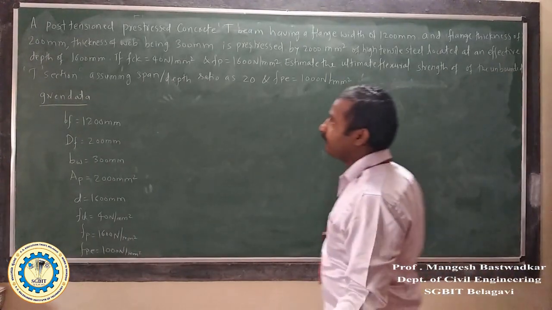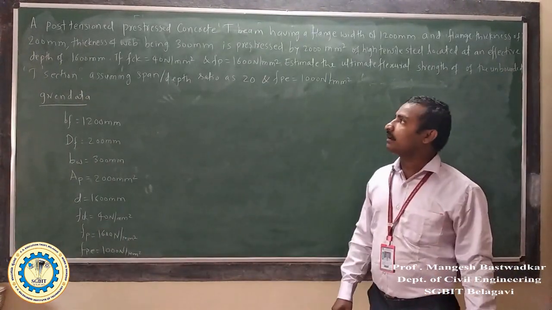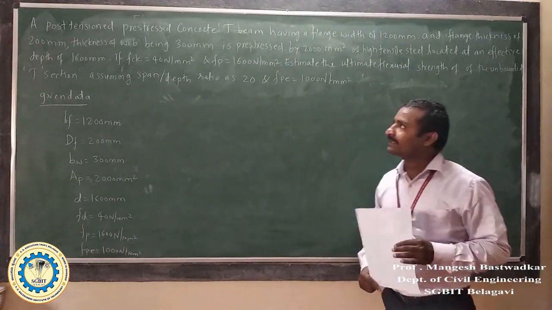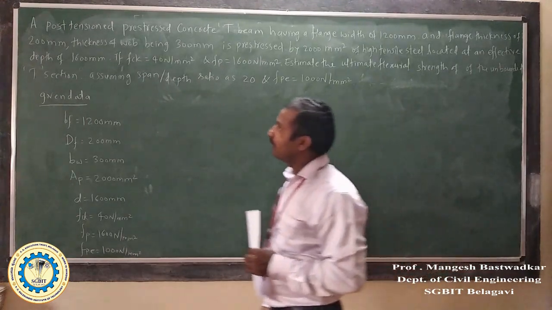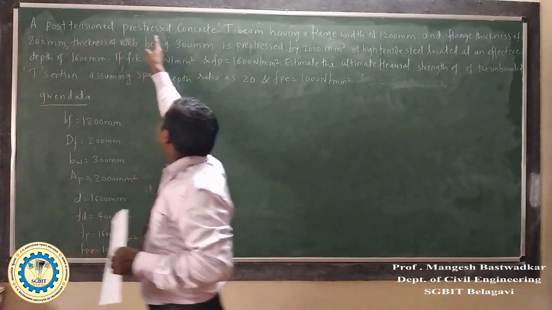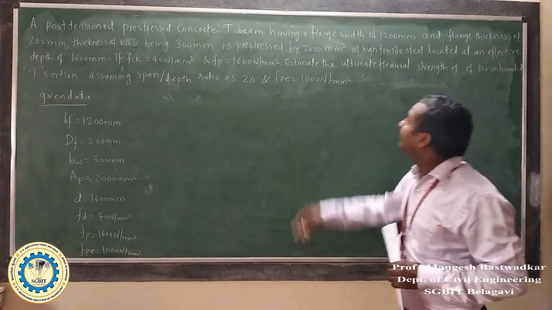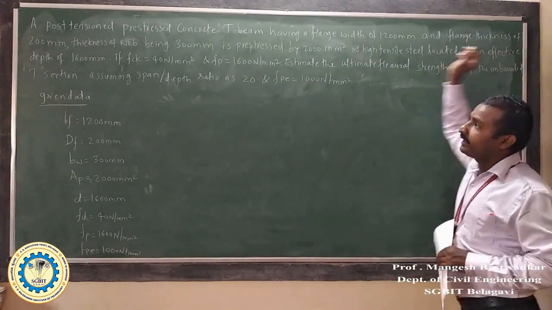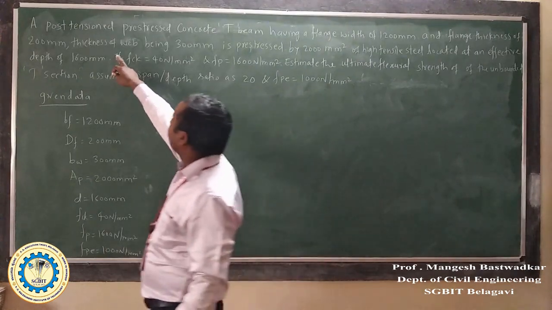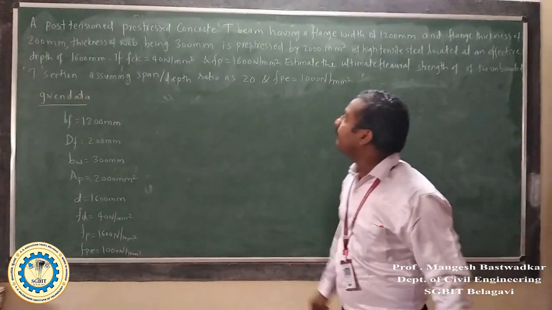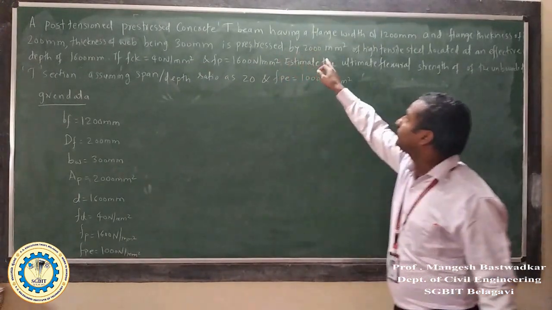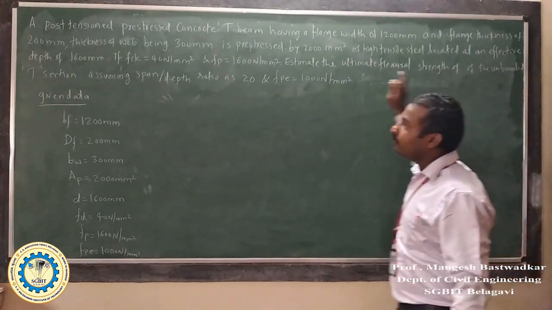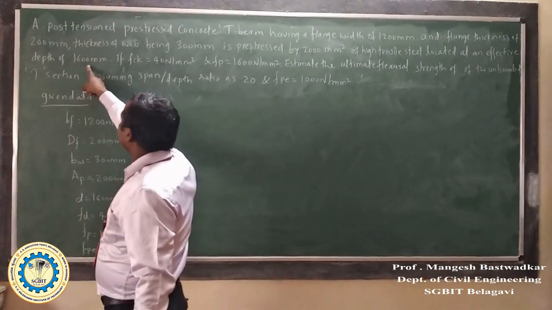This is second type of problems on post-tension beam. This problem is on T section. I will read this problem. A post-tension pre-stressed concrete T beam having a flange width of 1200 mm and flange thickness of 200 mm, thickness of web beam 300 mm, is pre-stressed by 2000 mm square of high tensile steel located at an effective depth of 1600 mm.